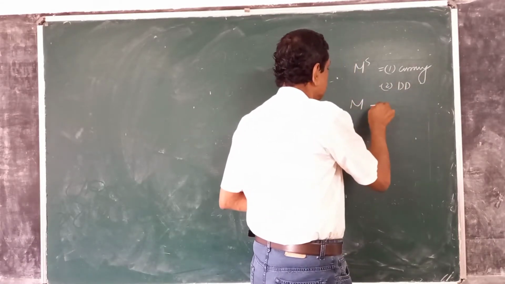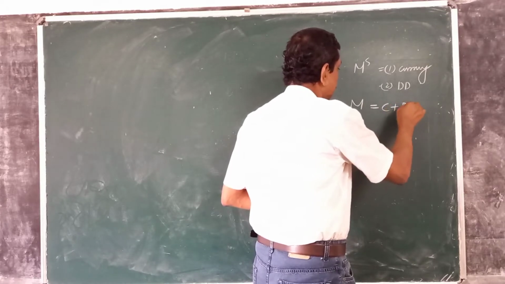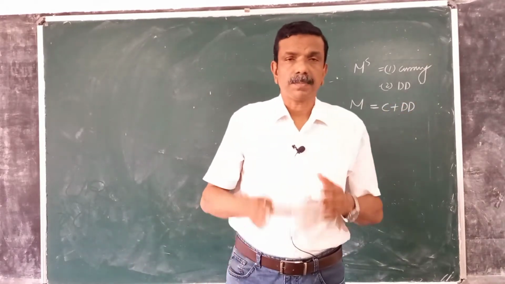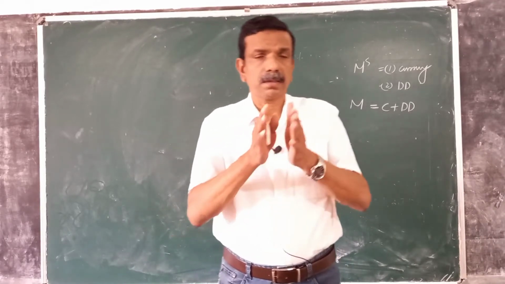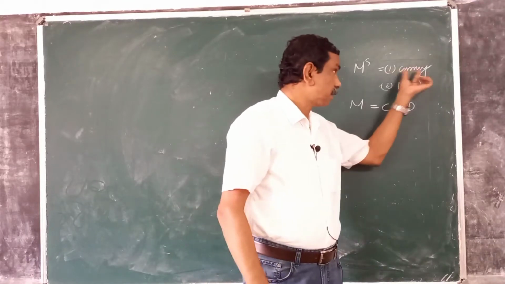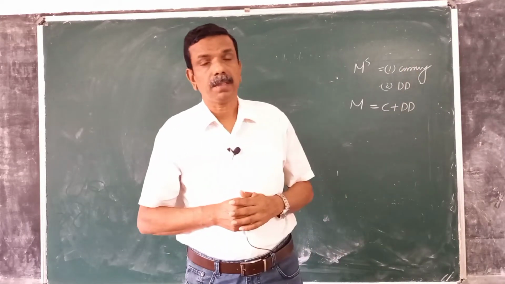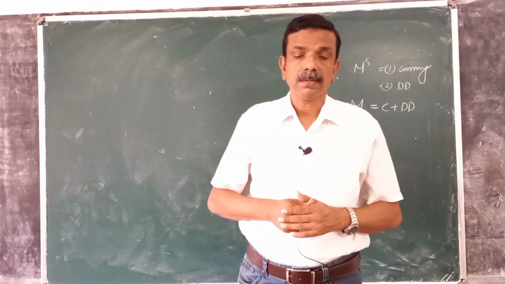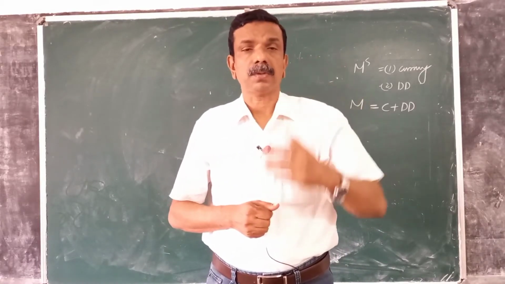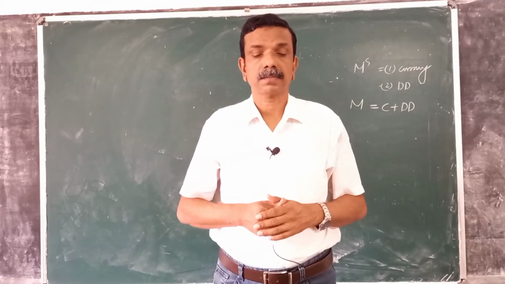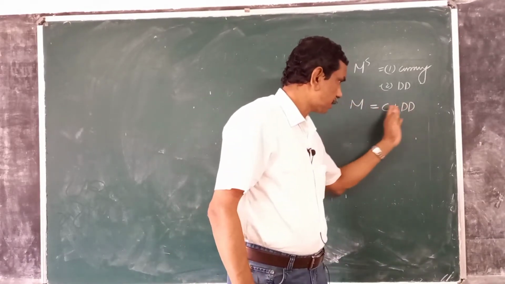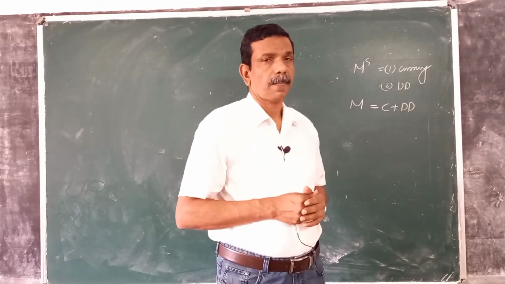So, M is equal to C plus DD. So, money supply in its narrowest definition consists of currency held by the general public and also demand deposits of the general public, the households, with the commercial banks. So, this is money supply, currency plus demand deposits.